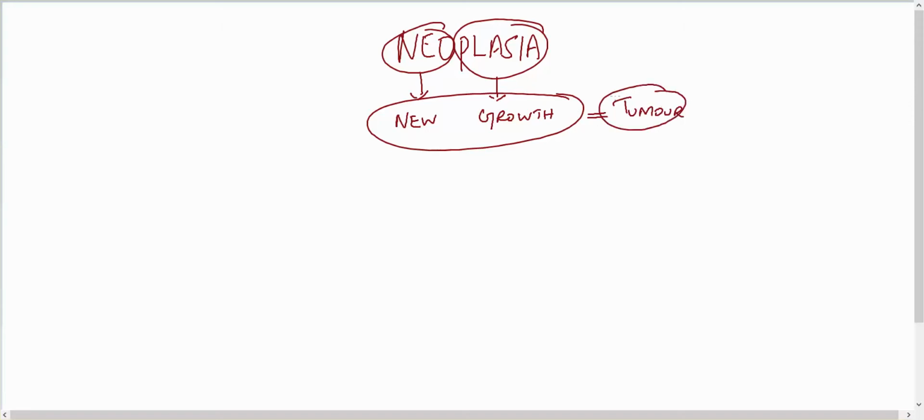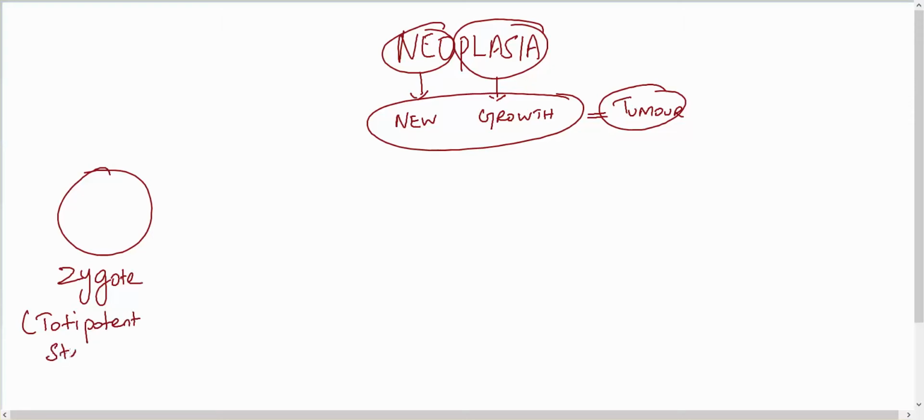Before going to the tumors, let's see how the tissues came from the germ layers. You all know zygote. The zygote is a totipotent stem cell.